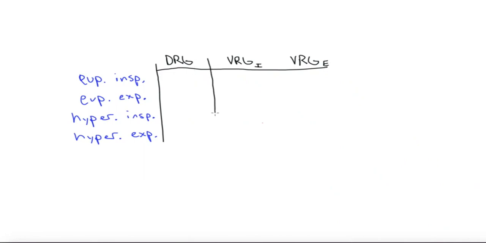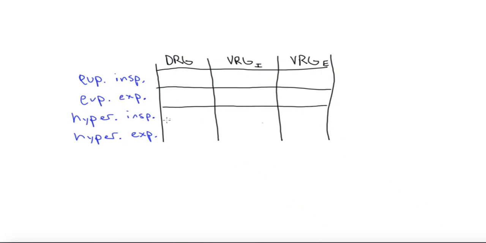All right, we'll make our columns and make our rows. Okay. All right, now all we need to do is go across and see which centers are active when.